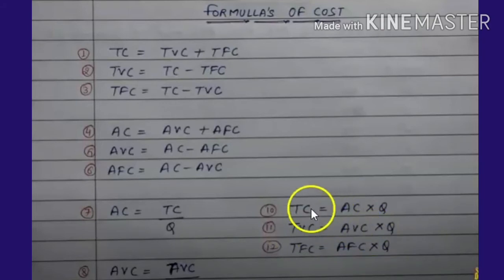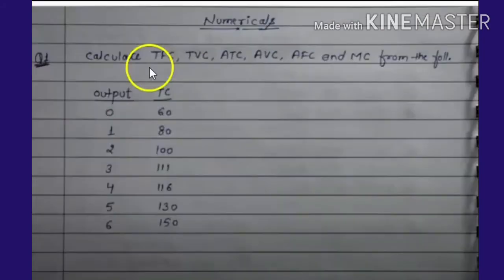These are certain formulas you have to use in the tabular findings. You will see certain numericals in the question. Sometimes it may be given: calculate TFC, TVC, ATC, that is, ATC means AC, AVC, AFC and MC from the following data.